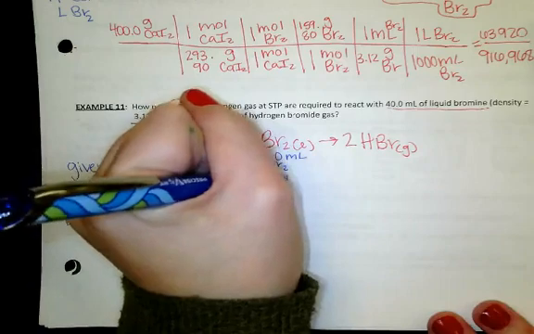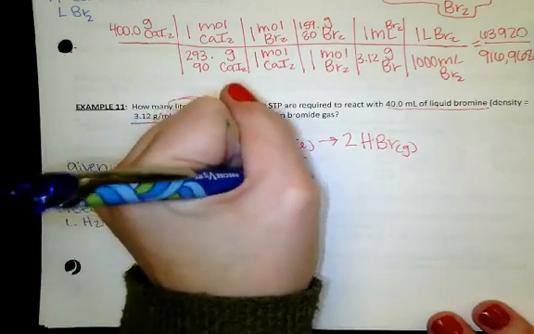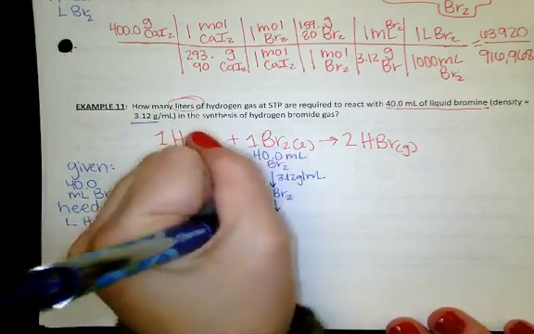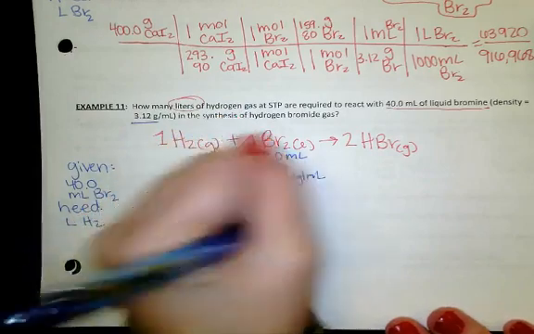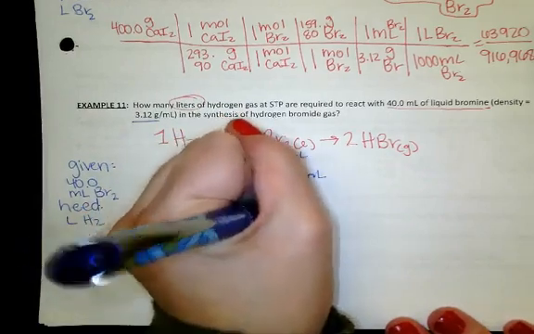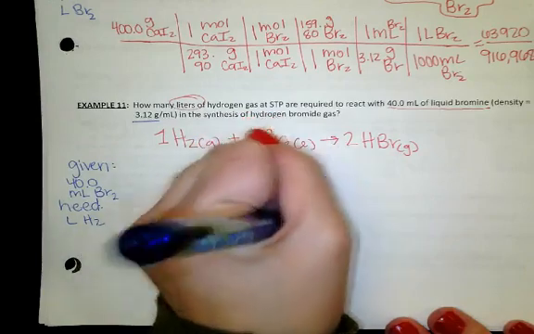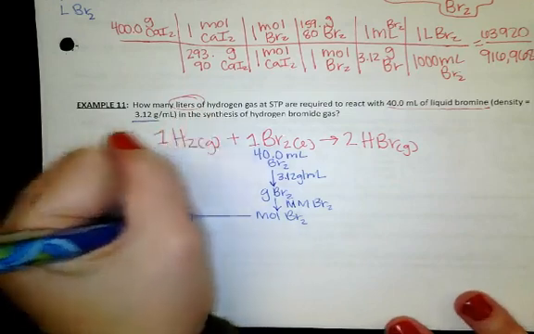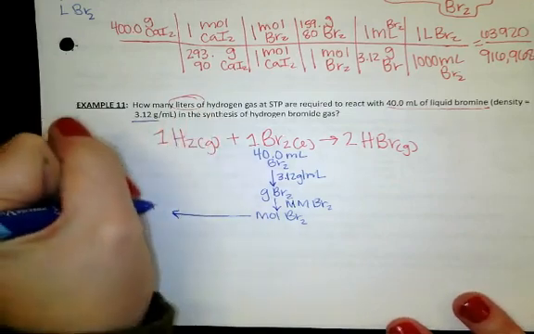Then we're going to convert grams of bromine to moles of bromine using the molar mass of Br2, which thankfully we've already calculated. Then we're going to go from moles of bromine to moles of hydrogen using the molar ratio.